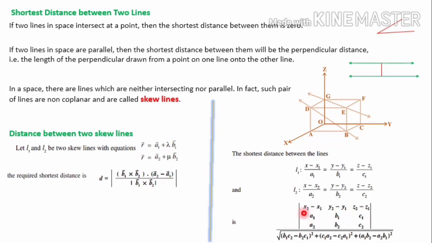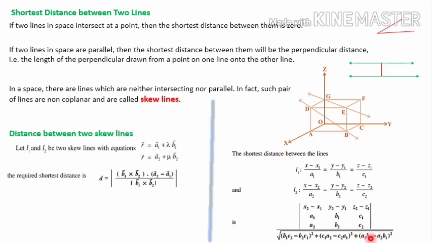So here, the determinant with rows x2 minus x1, y2 minus y1, z2 minus z1; a1, b1, c1; a2, b2, c2. See, this x1, y1, z1, x2, y2, z2, a1, b1, c1, a2, b2, c2, all we get from here. Without mistake you have to identify and write down. Divided by the root of (b1 c2 minus b2 c1) whole squared plus (c1 a2 minus c2 a1) whole squared plus (a1 b2 minus a2 b1) whole squared.